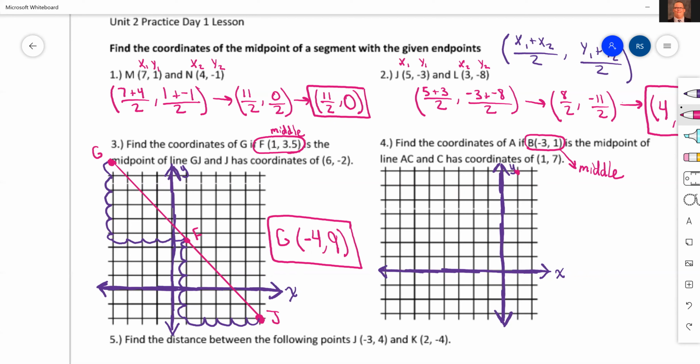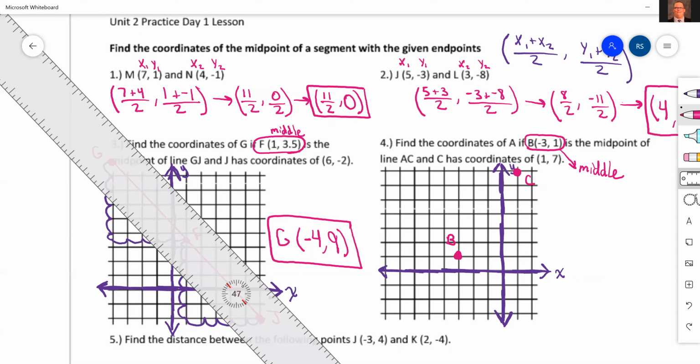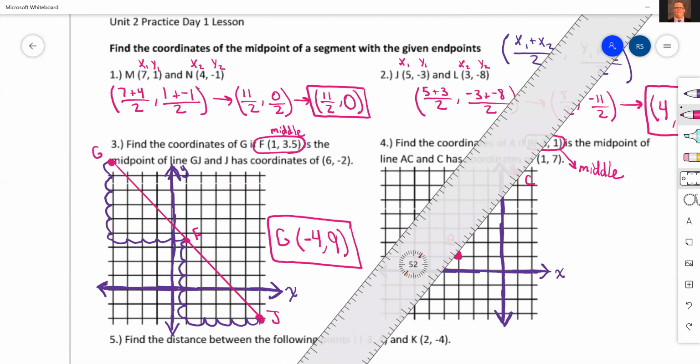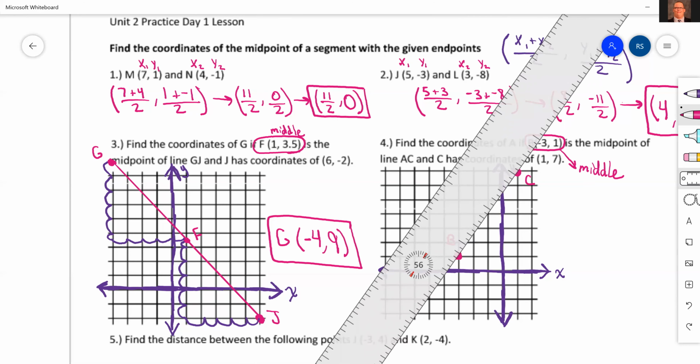So C is going to be up here. Then I'm going to a middle of -3, 1. So right there. That's B. Let's get our ruler and try to draw a straight line between the two.